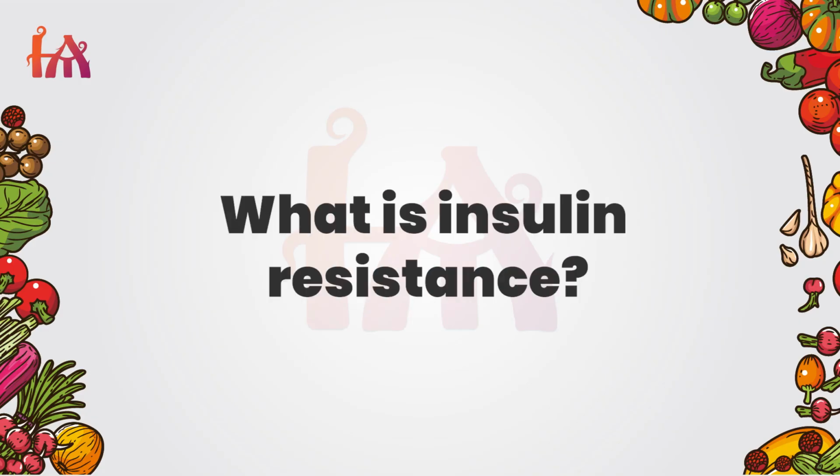What is insulin resistance? Insulin resistance is a metabolic disorder that affects millions of people worldwide. It is a condition in which the body does not adequately respond to insulin, a vital hormone for regulating blood sugar levels.